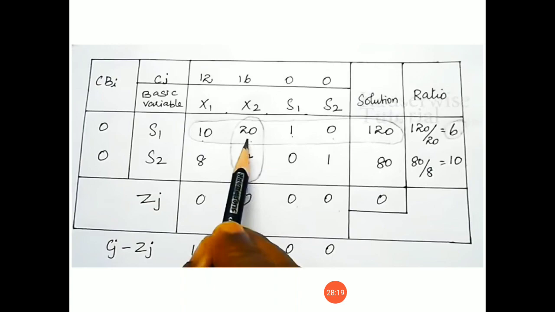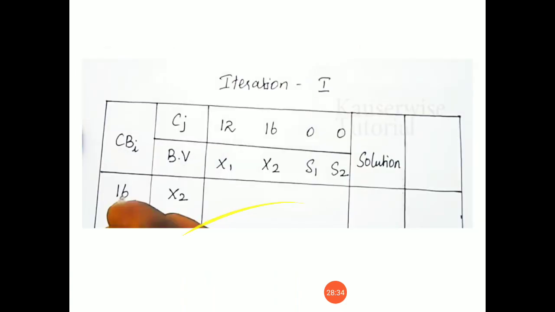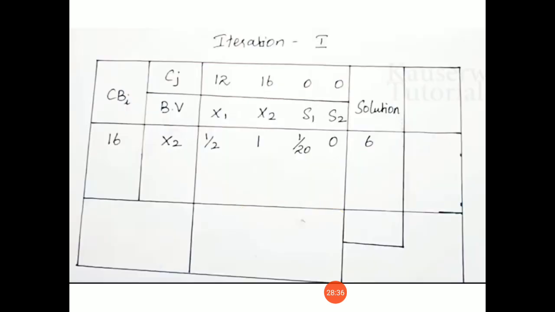So what are the elements that I have got after dividing by 20? They are 1 by 2, 1, 1 by 20, 0 and 6. These elements only I have written in the iteration table 1 corresponding to the x2 row: 1 by 2, 1, 1 by 20, 0 and 6.